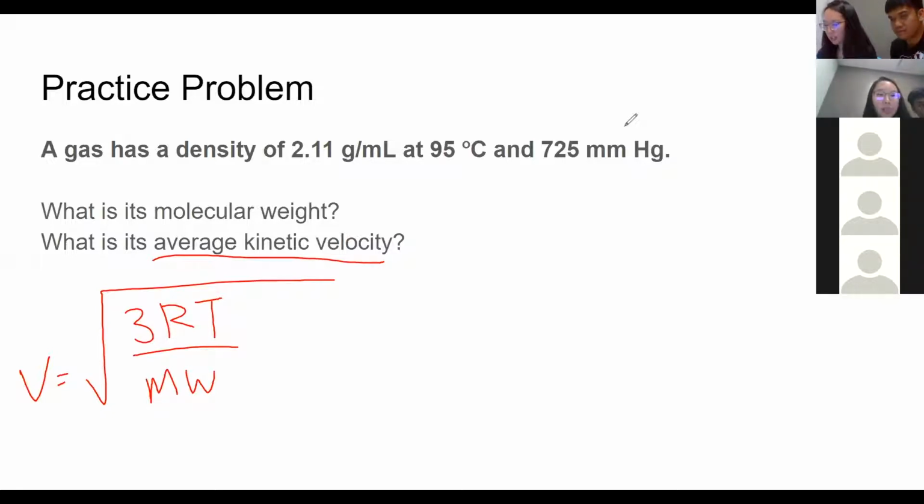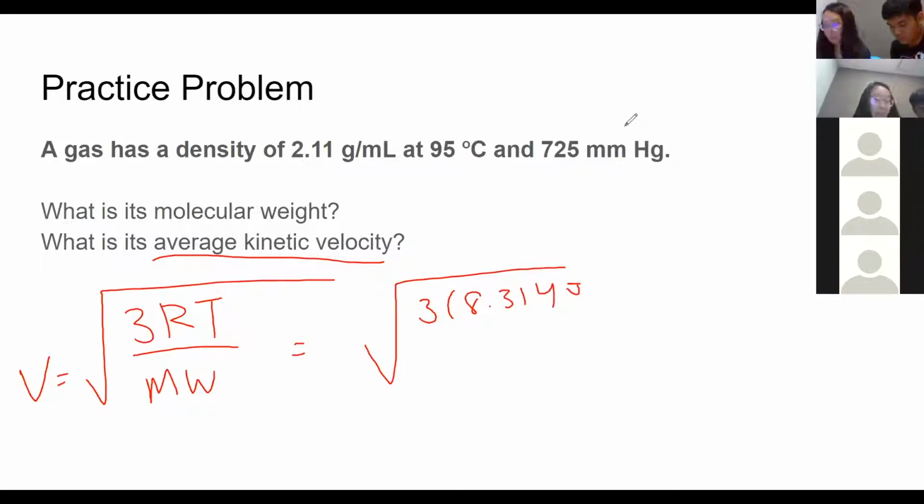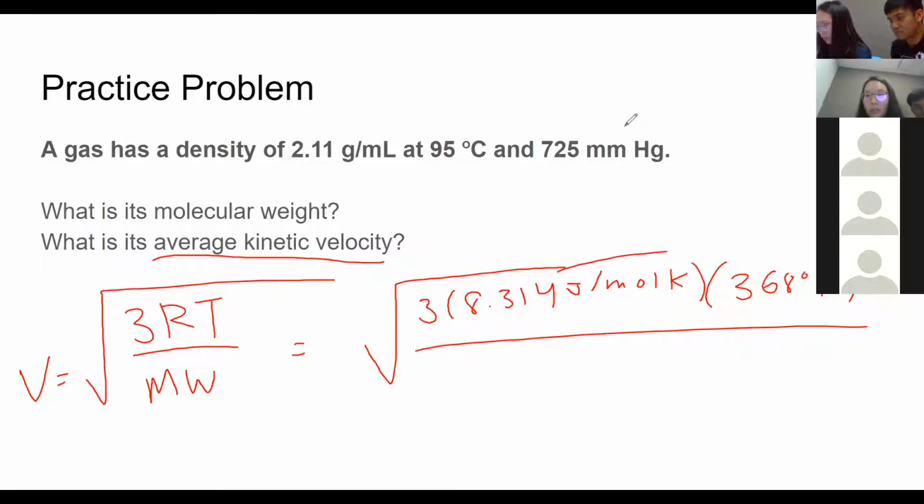Okay, so let's plug in our variables. We have 3 times R, remember this is going to be 8.314 joules per mole K, times temperature, which was 95 plus 273, 368 degrees Kelvin, all over the molecular weight in kilograms per mole.